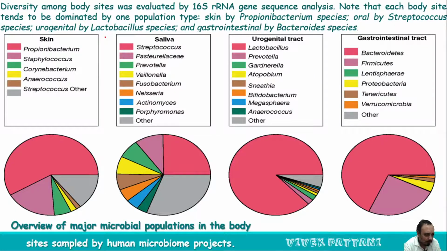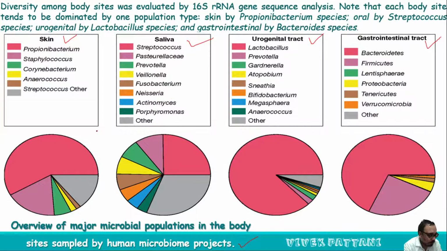Now these are graphs in which the sites which have been sampled under the Human Microbiome Project are shown. This is just an overview, where they have sampled from the skin, saliva, urogenital tract, and the gastrointestinal tract.